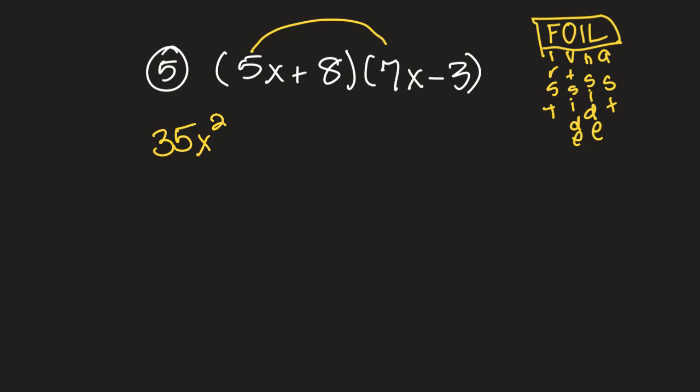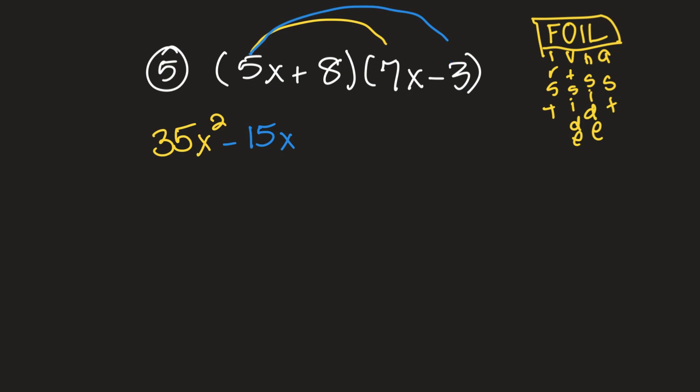Next, we're going to do our outsides. So this is going to be 5x times a negative 3, and that becomes a negative 15x. Notice I took this whole sign in front, 5x times negative 3.